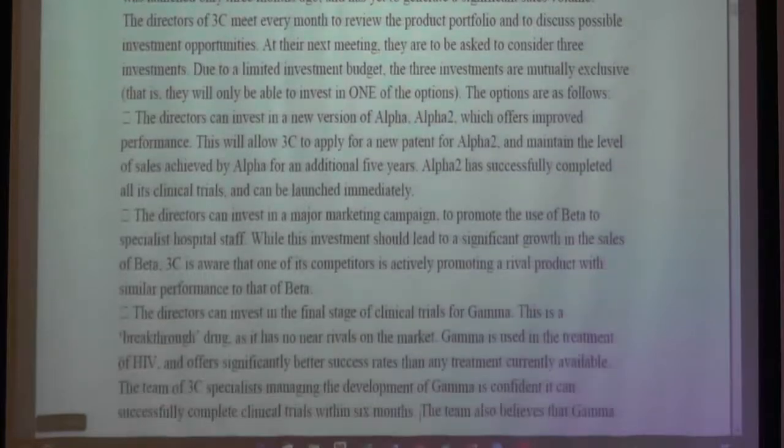And then there is another product called Gamma, which is for HIV. So that's what they're trying to do. And that's basically the summary of what we discussed in the question.